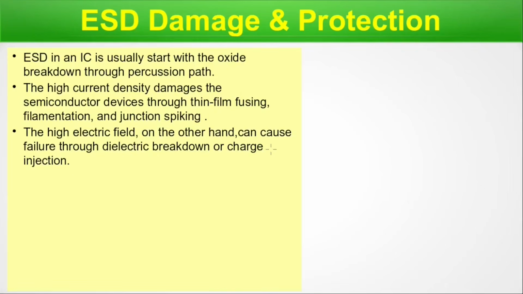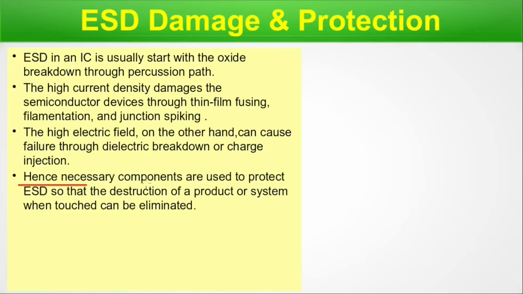Dielectric means oxide here, and there could be some other dielectrics which can also get damaged. Not only the MOS structure, but several other oxides protect the different parts of the IC, and those can also get damaged. Hence, necessary components are used to protect against ESD so that the destruction of a product or a system when touched can be eliminated. That means inside protection is given to a circuit for the ESD event.